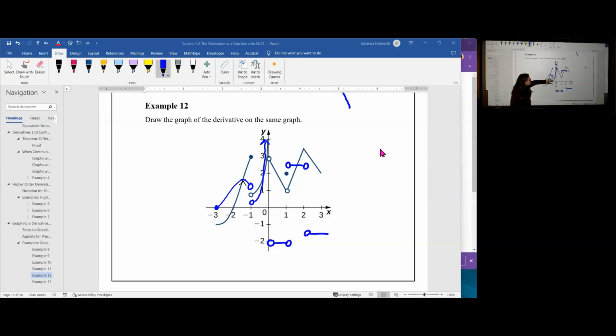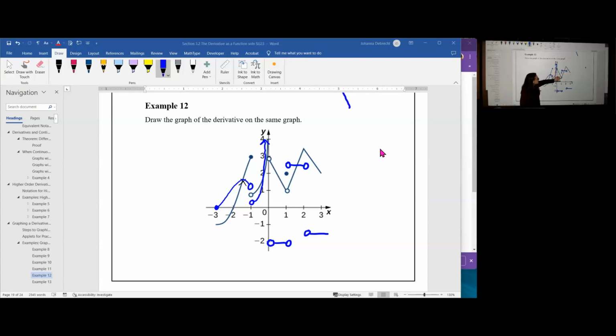The next part, notice we have a break in the graph, so it's not continuous. So the derivative has holes at both pieces. Then it increases without bound, which means the graph of the derivative also has a vertical asymptote. On the right side, we have a zigzag pattern.